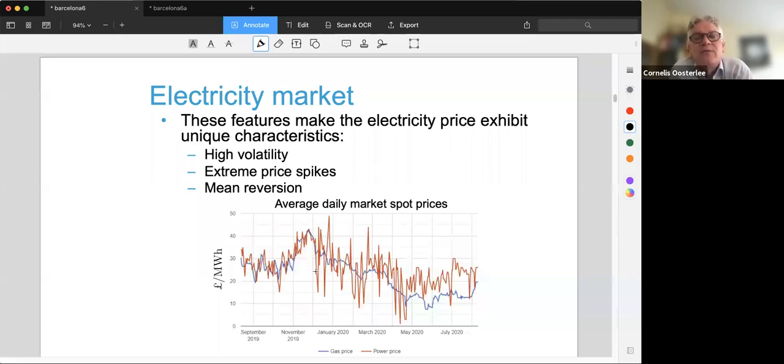So the features that we see in electricity prices are high volatility, extreme price spikes, sometimes around Christmas, or some other day when everybody has a lot of use of electricity, or around extreme cold days or warm days, if we think of air conditioning. And we see a mean reversion, right? The price reverts back to its mean quite often. So we see mean reversion, extreme price spikes, and high volatility.